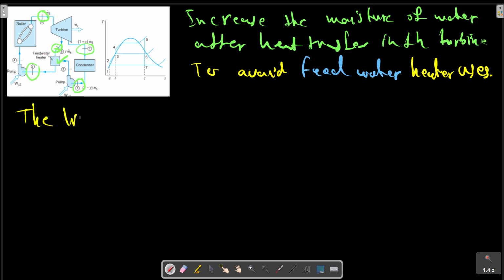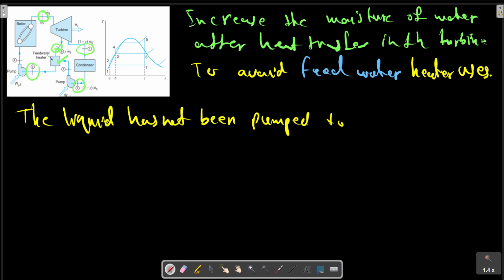The liquid has not been pumped to the boiler pressure P3 or P4.